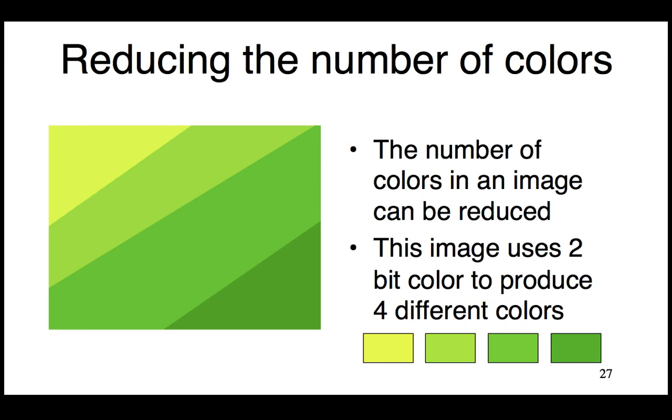And then we would force each pixel in the image to be one of these 4. So it's its closest match. So the lightest colors would all be forced to be the one on the left. The darkest greens would all be forced to be the one on the right. And so we get this banding here. But now we have only 4 colors and we only need 2 bits for each pixel. So we're going to look in the next class at how a scheme like this would work in practice.